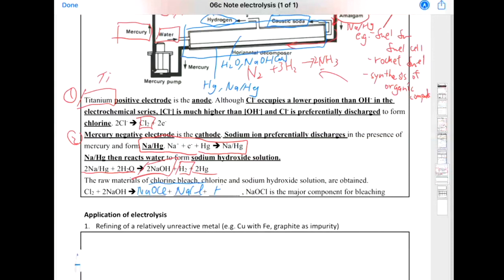And NaOCl is actually what we want. It's called sodium hypochlorite. And this is the active ingredient for bleach.